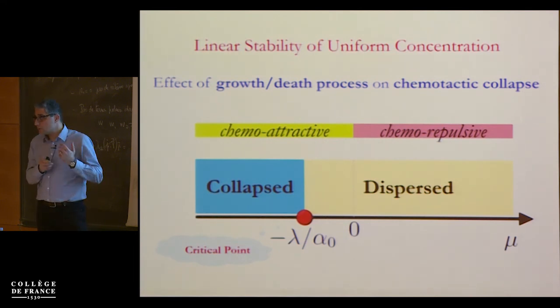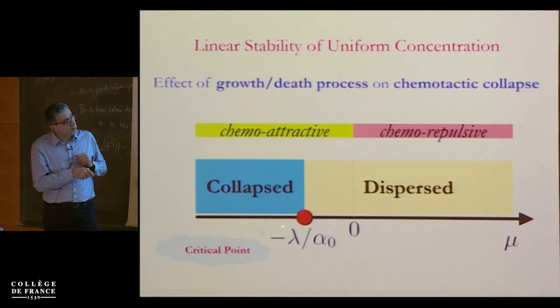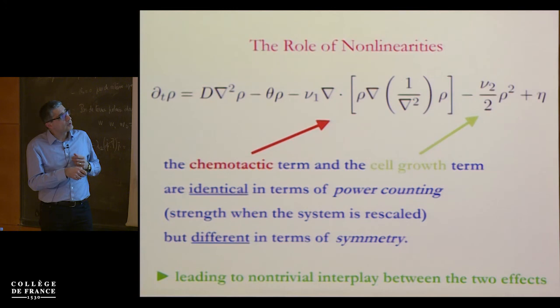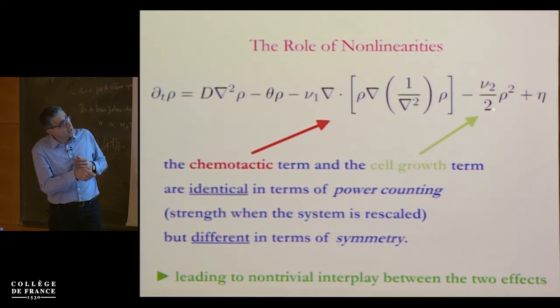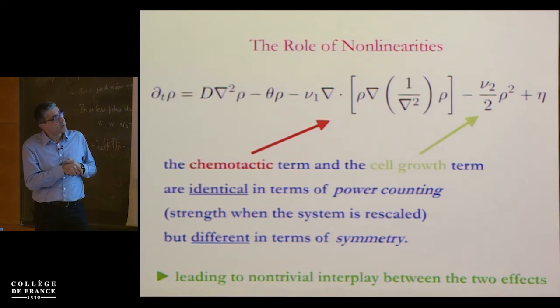So when you couple chemotaxis with cell division, the critical point is shifted to a non-zero value, which means you will need to have essentially chemoattraction between different cells to maintain the system, which is dividing, let's say, at a stationary state. And then when you look at the fluctuations on top of that, you will have two terms in this effective equation for the density fluctuations.